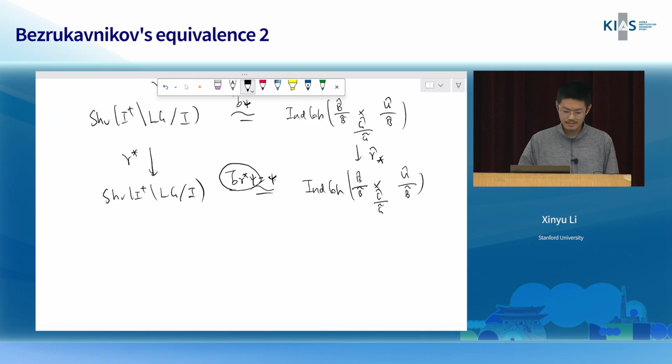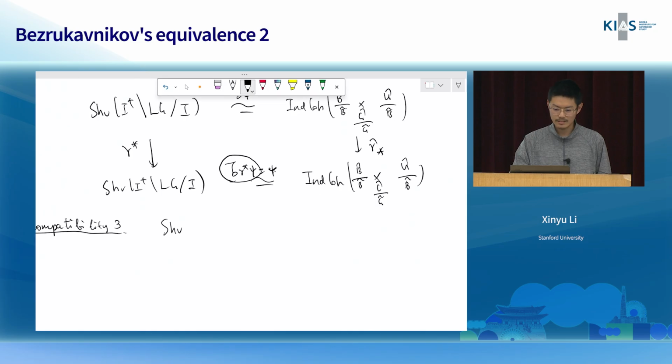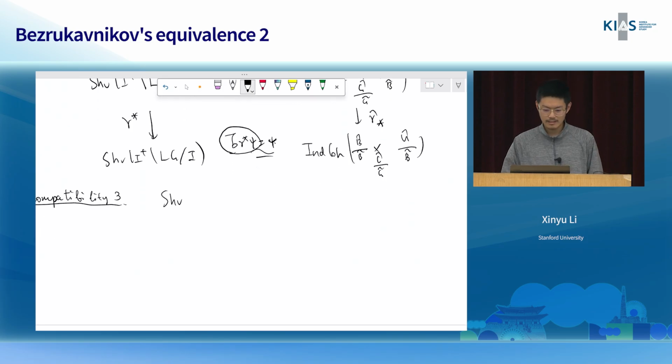The third one is compatibility with respect to Verdier duality and Grothendieck-Serre duality. So for this, since I work with duality, it's better to restrict to the subcategory of compact objects, where this notion of Verdier duality really coincides to what people usually call Verdier duality.